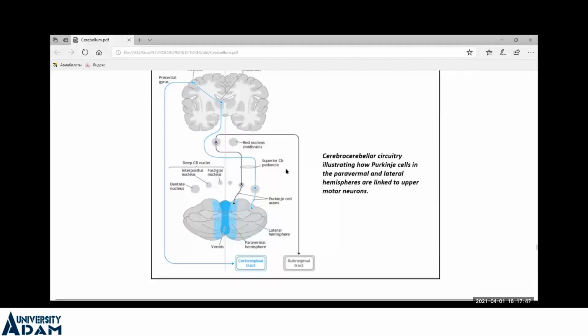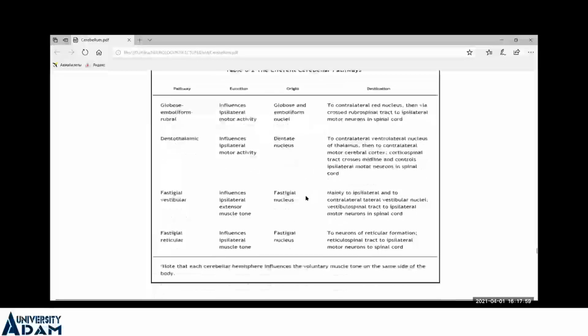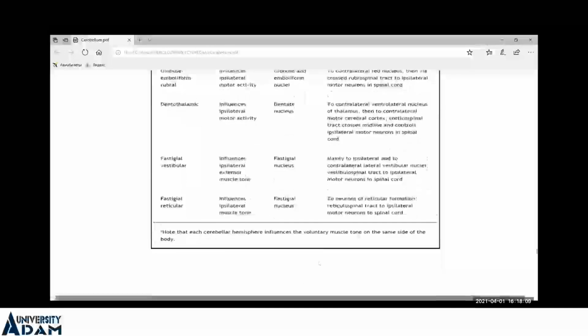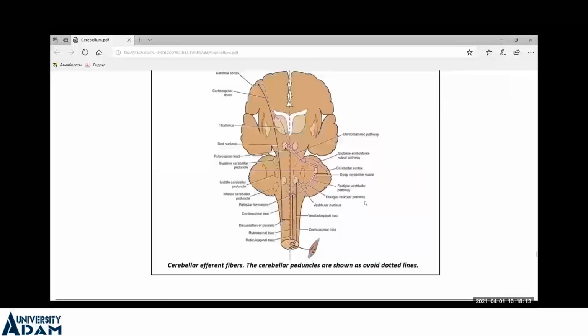So here you can see that the Purkinje cell axons play a role in the linking to upper motor neurons. So here you can see the name of the tracts, okay? Here you can see the name of the tract, cerebellum efferent fibers.